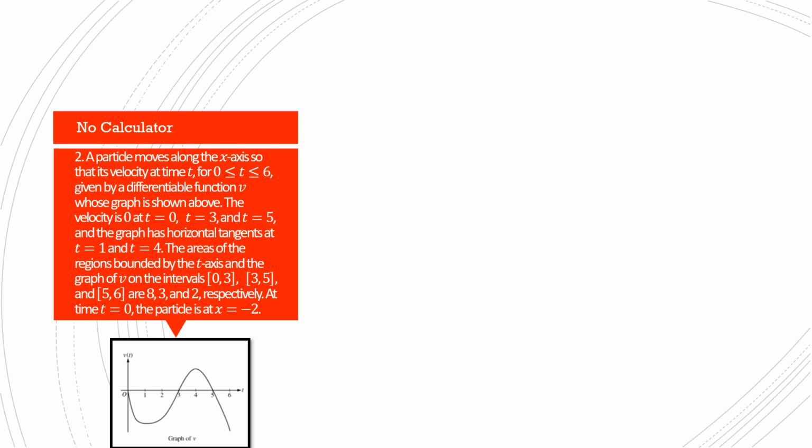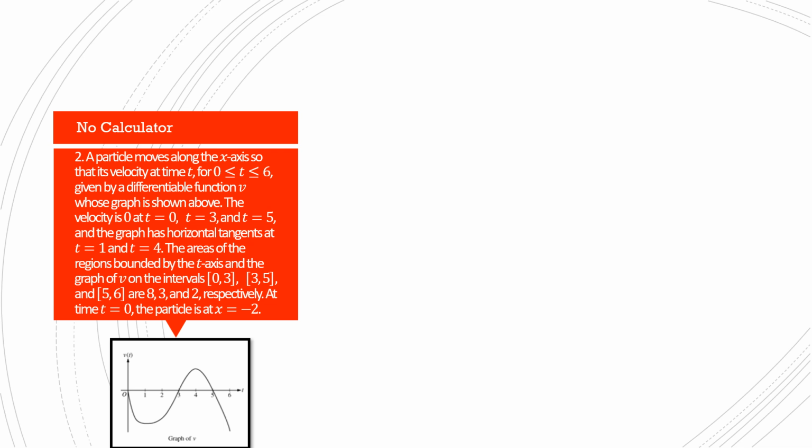They also tell us that the graph has horizontal tangents at t equals 1 and t equals 4. And then it says the areas of the regions bounded by the t-axis and the graph of V on the interval 0 to 3, 3 to 5, and 5 to 6 are 8, 3, and 2, respectively. So that means the first region is 8, the second region is 3, and the next region is 2.